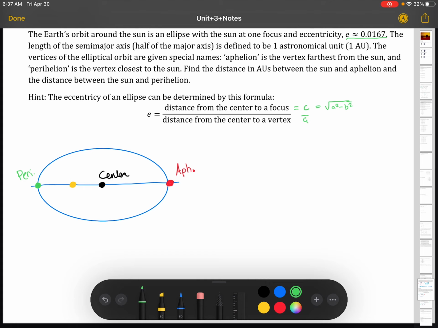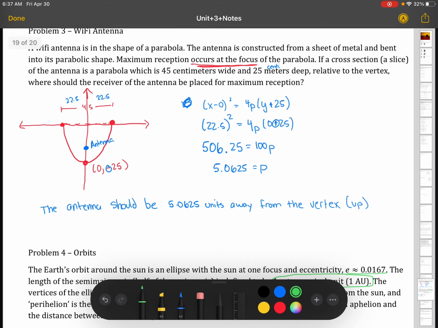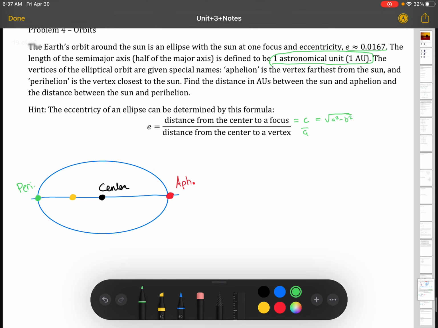And the distance from the center to the vertex is a. Now, we actually know that a is 1 because they tell us that the length of the semi-major axis is 1, and the semi-major axis is just half of the major axis. So right there is your semi-major axis. So what we know is that 0.0167 is equal to c divided by a.